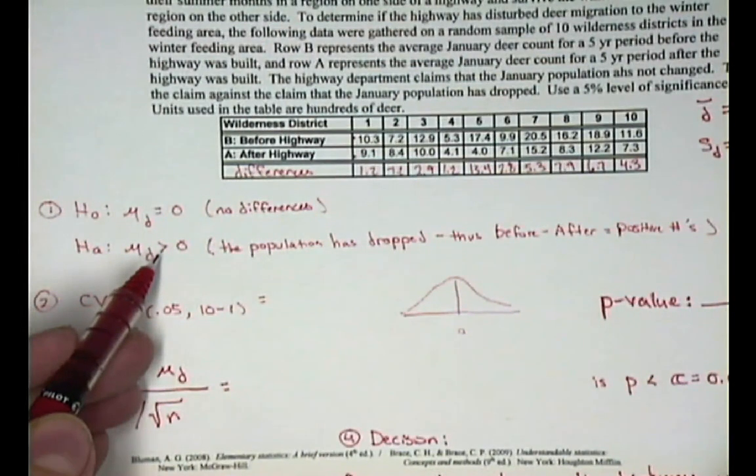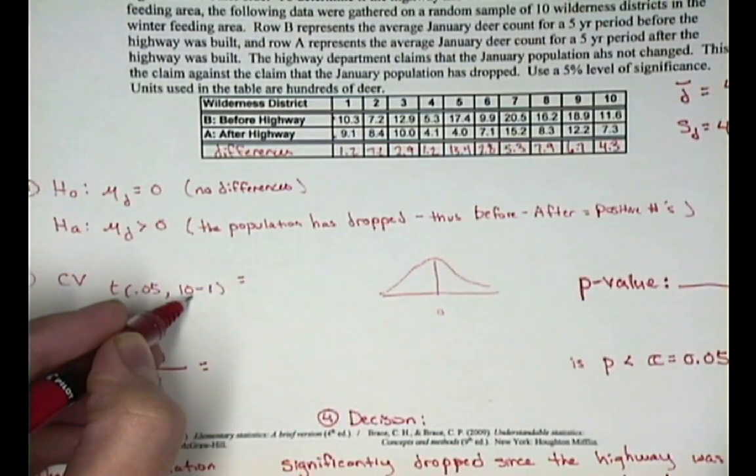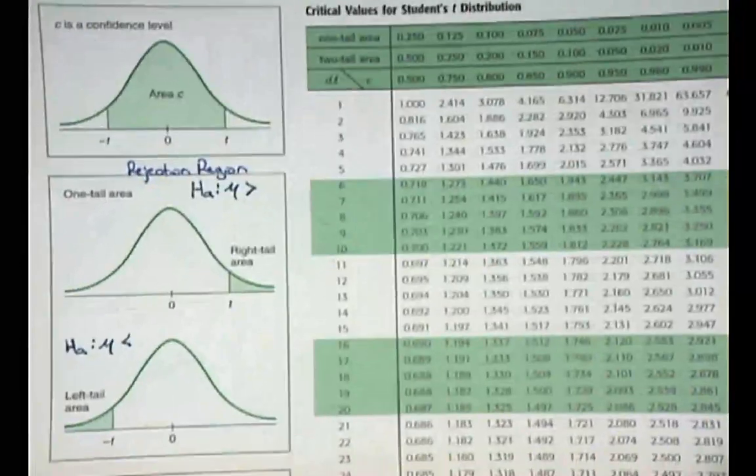Now, I'm going to do both the p-value and the critical value method simultaneously. For the critical value method, you need a t, one-tailed right, with 9 degrees of freedom. So 10 minus 1 is 9 degrees of freedom, and alpha is 0.05.